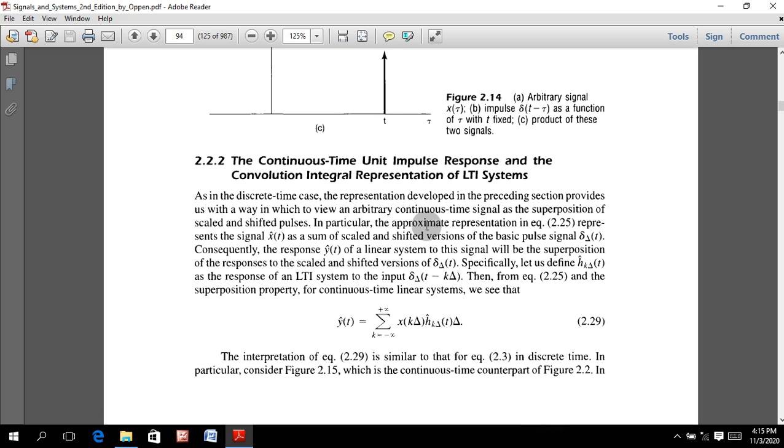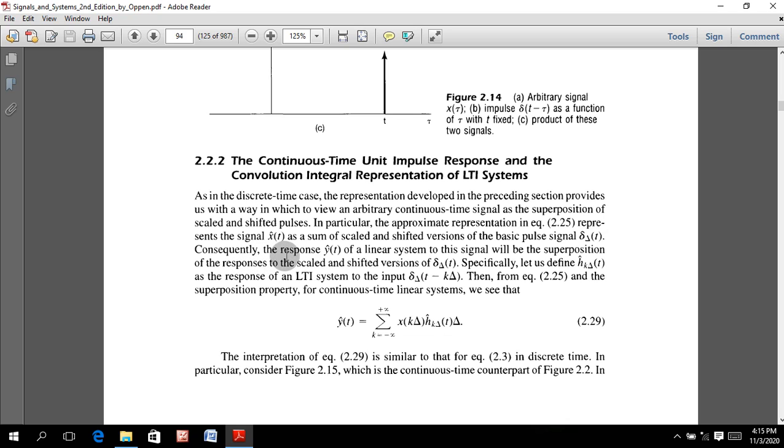From what has been written here, we can understand, as in the discrete time case, what I have already told: the representation developed in the preceding section provides us with a way to view an arbitrary continuous time signal as the superposition of scaled and shifted pulses. In particular, in the approximate representation in equation 2.5, the previous equation, the signal x tau of t is a sum of scaled and shifted versions of the basic pulse signal.